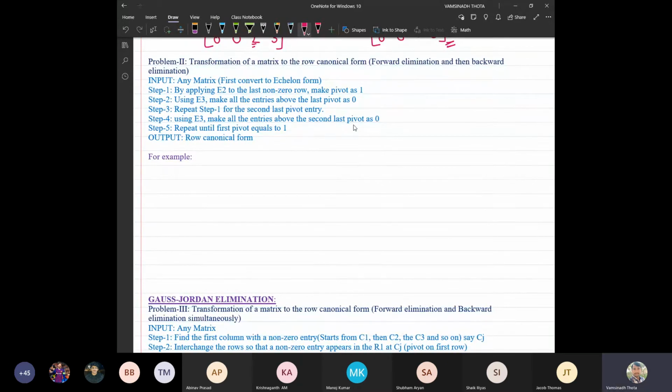There is something called row canonical form. Row canonical form means what? There are two more conditions that should be satisfied. All the pivots should be 1. Not only that, in all the columns in which pivots are there, there should be no other non-zero entries. All other entries should be 0 except the pivot. So this process is generally called forward elimination and then backward elimination.